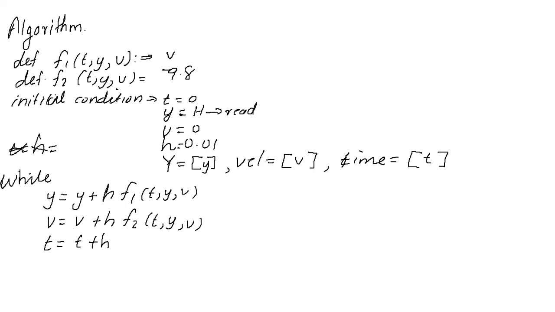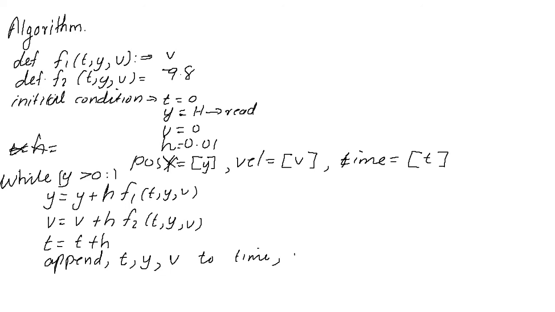While y is greater than 0, you do all these steps iteratively, and once you calculate the new values of position, velocity, and time, you must append t, y and v to the lists time, position, and velocities respectively.